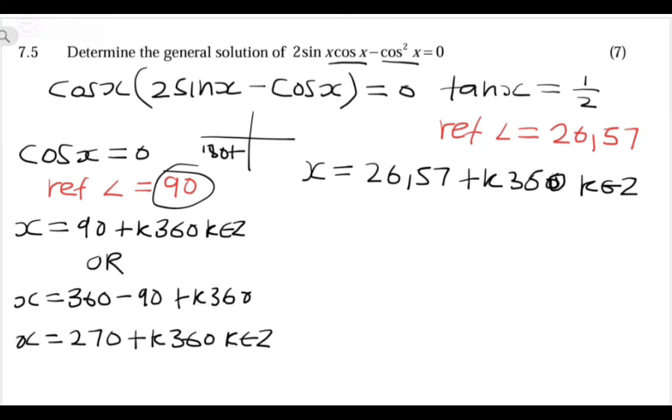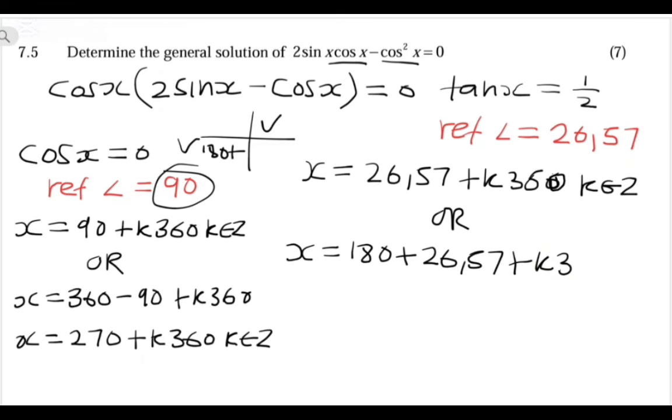k an element of integers. Or the second general solution, where tan is positive on this one and also on the third one. The third one is x equals 180 plus the reference angle, which is 26.57, plus k 360. Remember, we don't put k an element of integers if we're not done solving.